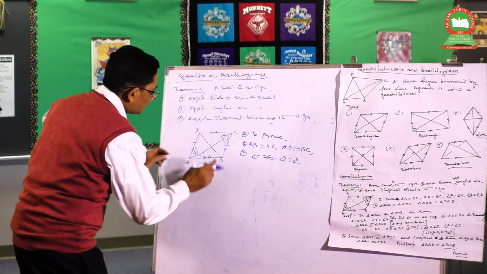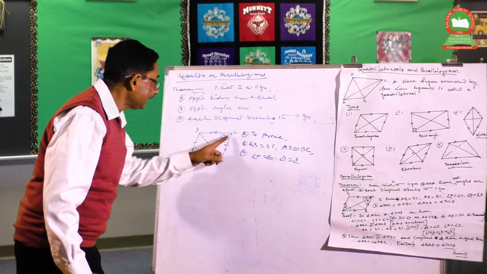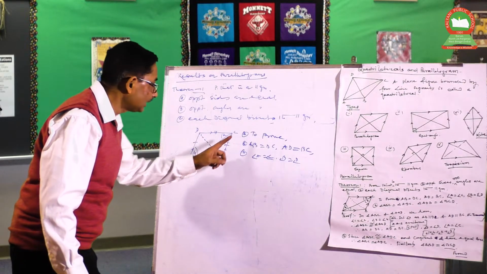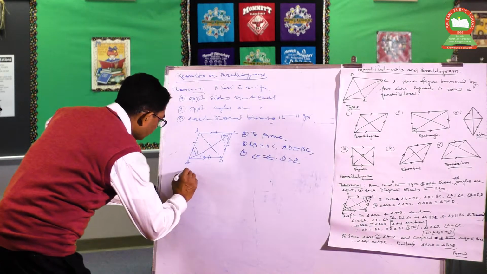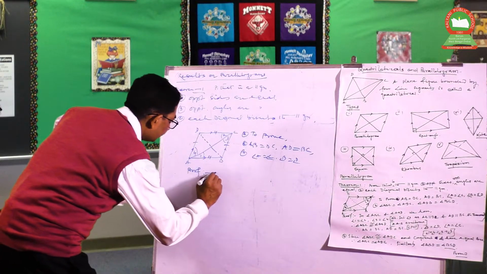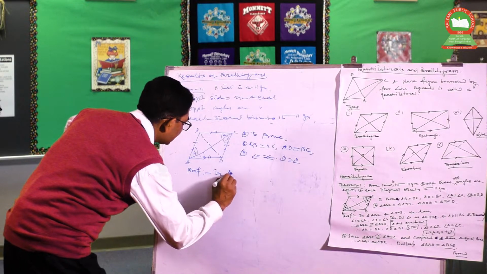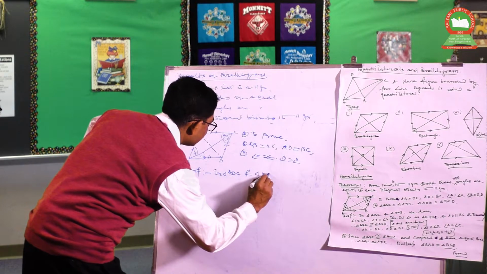Now for the construction, we are joining A and C and B and D, which are the diagonals of the parallelogram. Now in the proof, we are taking triangle ABC and triangle ADC.